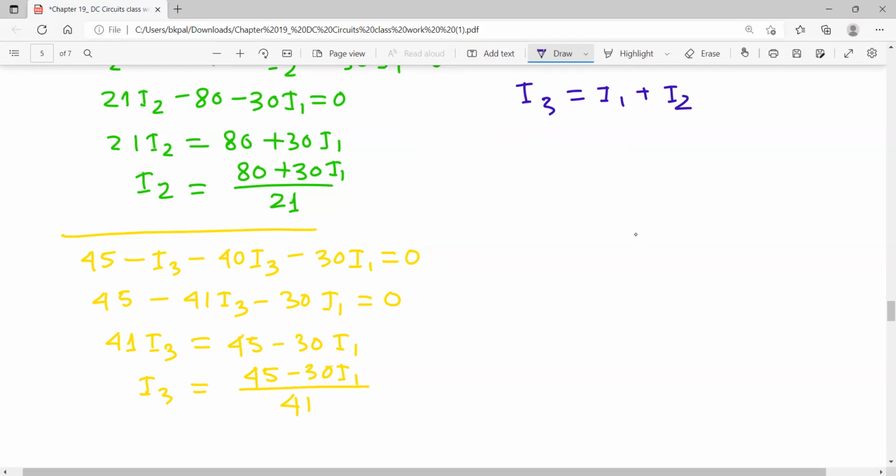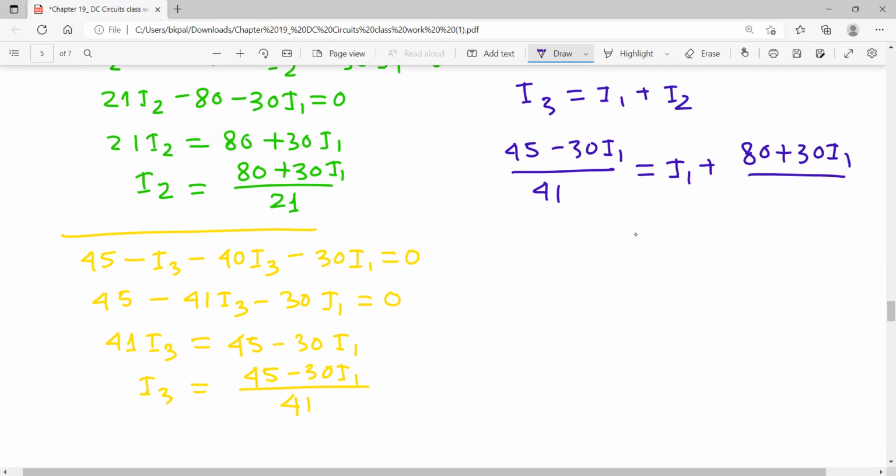So I3 is something like this: 45 minus 30 I1, and that is equal to I1, and I2 was 80 plus 30 I1.